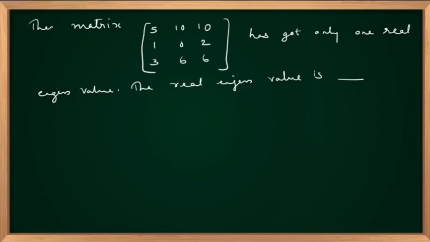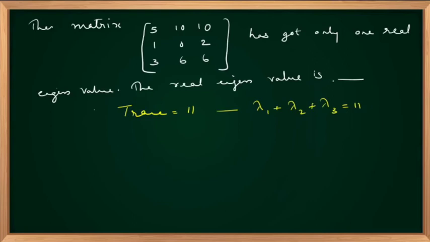Trace of the matrix is 11, but does that mean the trace is an eigenvalue? No. If you have 3 eigenvalues, I can say lambda 1 plus lambda 2 plus lambda 3 equals 11. That is the only information you get from this particular matrix. So you cannot say any of these eigenvalues is 11.